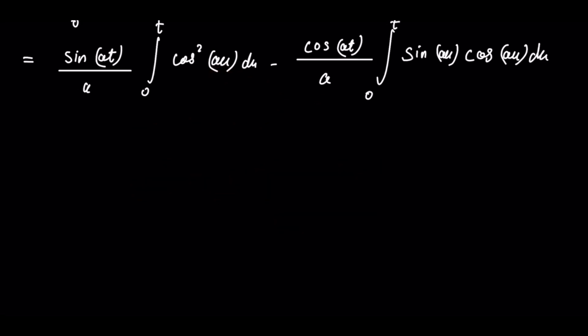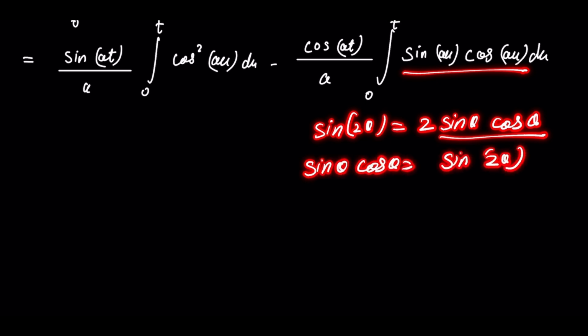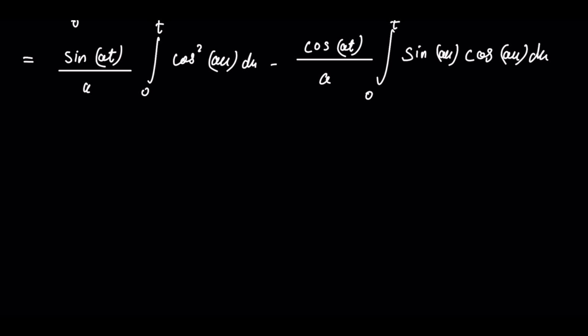And for this one, we know that sine 2 theta is equal to 2 sine theta cos theta. Let's make sine theta cos theta the subject, so it becomes... Now we'll be substituting sine 2 theta divided by 2 here and carry out its integration as well. Let's continue.